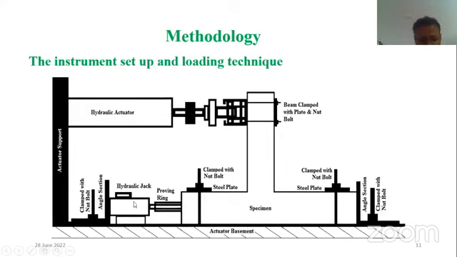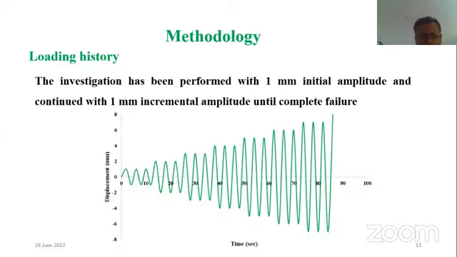The 10% axial load, that is 100 kilonewton, is applied on the column, and in between, the proving ring is placed to measure the load given by the hydraulic jack to the column. So this is the instrument setup that had been done at the NIT Silchar laboratory.